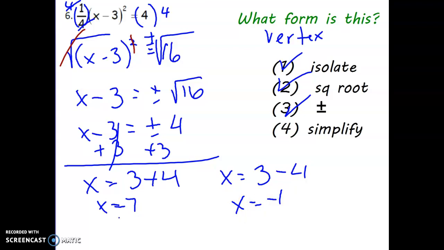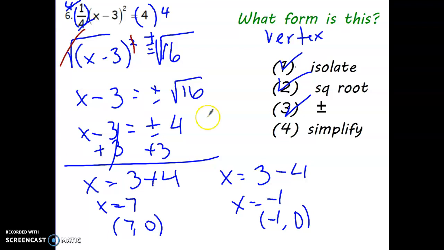And if I wanted to put those as points, I could do that, because what I have found here are the x-intercepts. This one is going to cross the x-axis 2 times. It's going to cross it at 7 and also at negative 1. Now the way it's actually written is not in the correct form. I would have to set it equal to 0 in order to see these 2 x-intercepts.